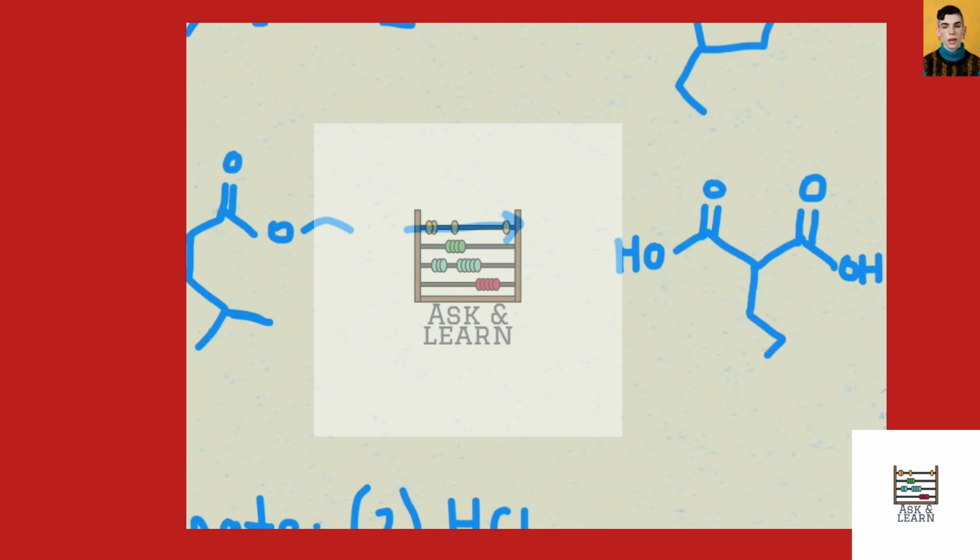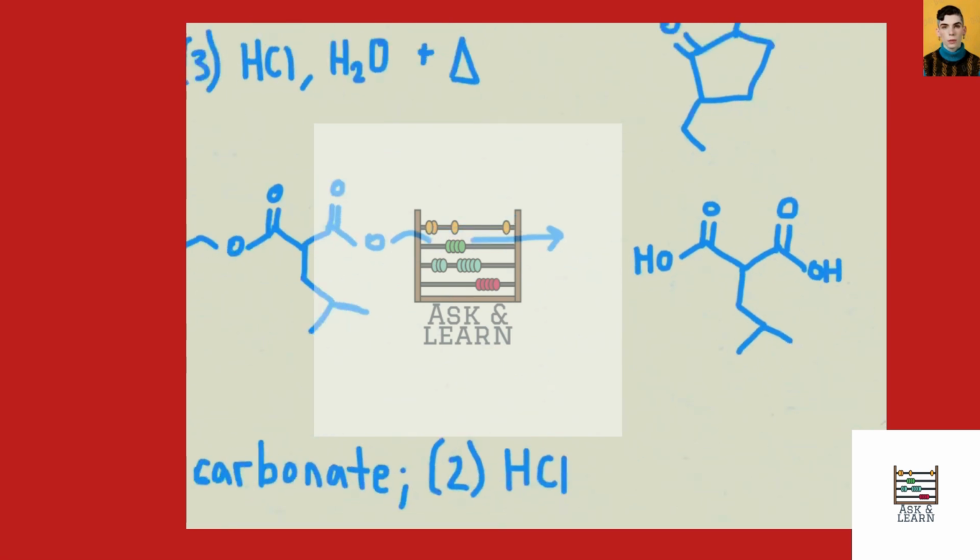That's a mechanism covered in the carboxylic acids and their derivatives chapter, but basically we just have to make these esters into carboxylic acids. So what's going to happen is it's going to transform into this. I'm going to have, instead of my ester groups, carboxylic acids, like that. And then we still have that isobutyl group on that central carbon.